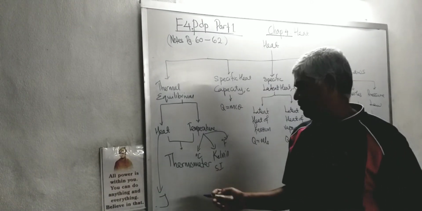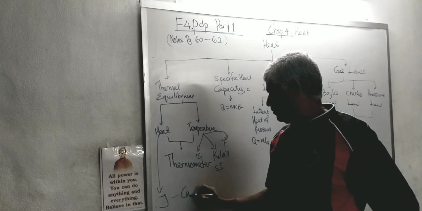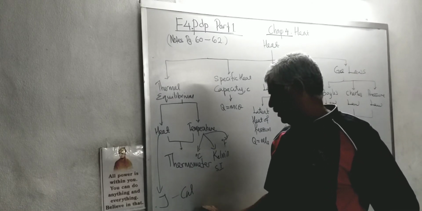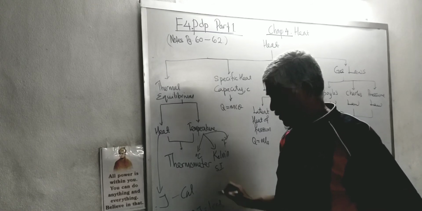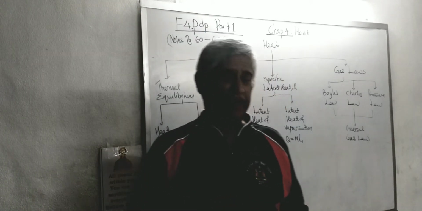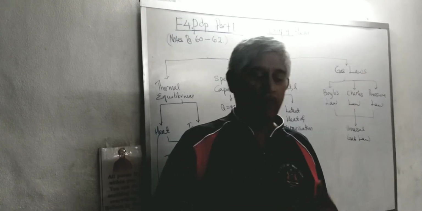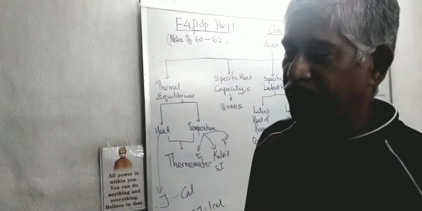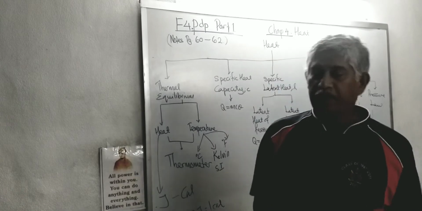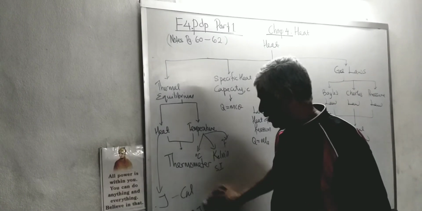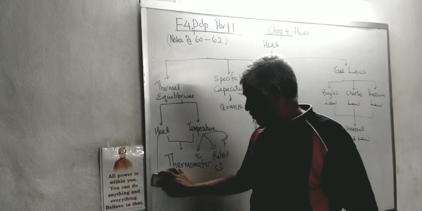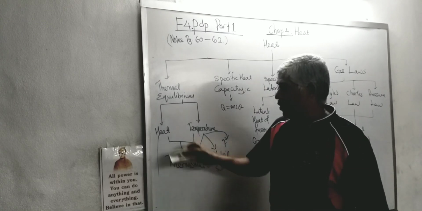There is a relationship: about 4.2 joules is equivalent to about 1 calorie. So it is just a conversion of unit. We always like to mention heat or energy content in food in terms of calories, how much heat energy it gives out. So these are two concepts that you have to know.